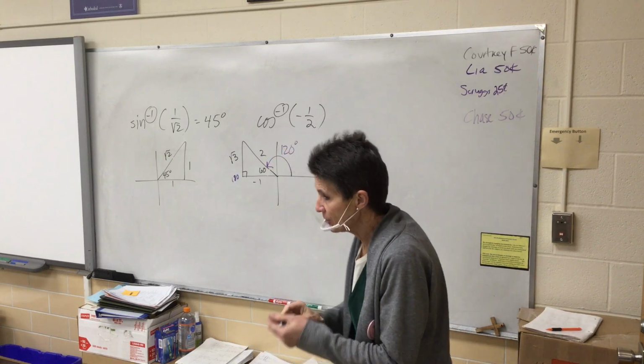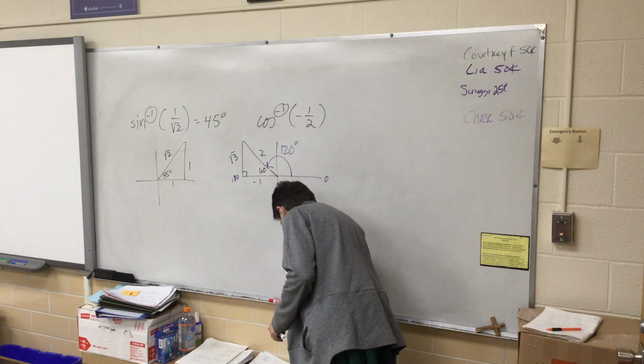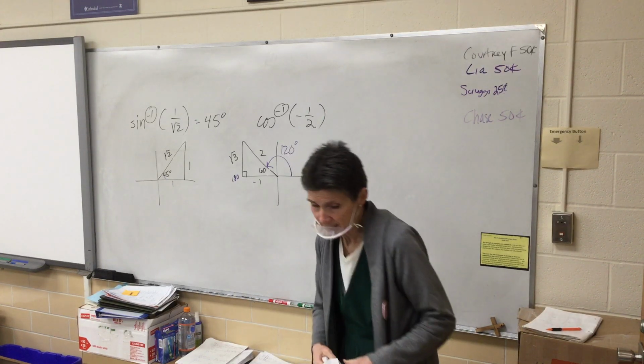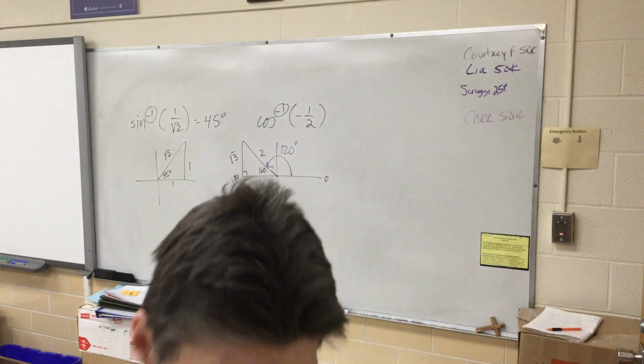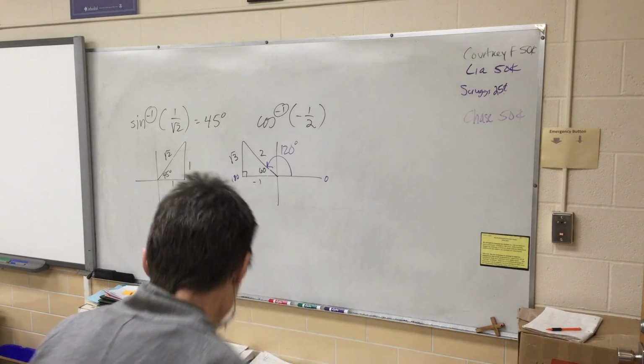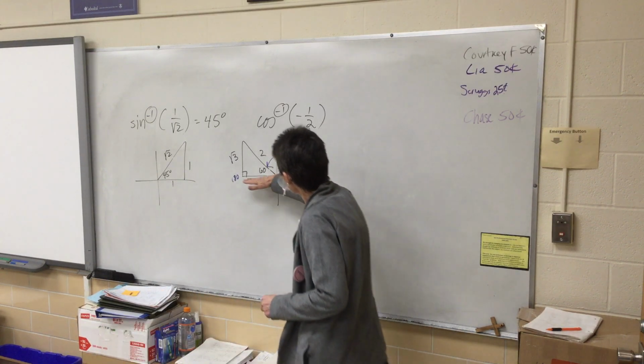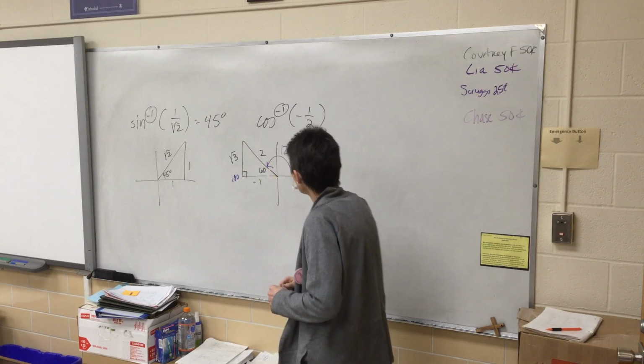That's 120 degrees, because it stops 60 degrees before it gets to 180. So it's 180 minus 60.